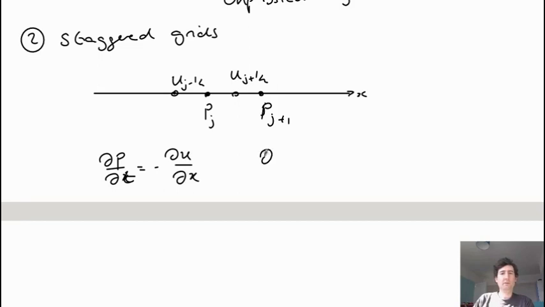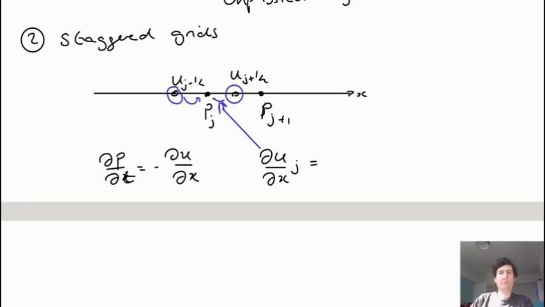And now we write down that du by dx at point j, for example, is... So now we work out du by dx at this location here in the center. And we're using these two values here to calculate this value here.